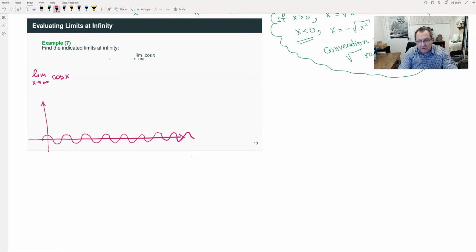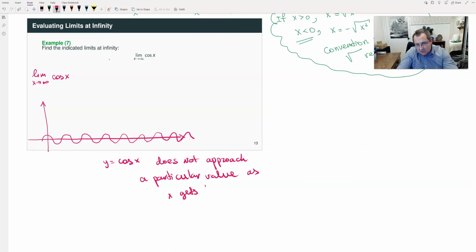As a result, we realize that y equals cosine x does not approach a particular value as x gets larger.